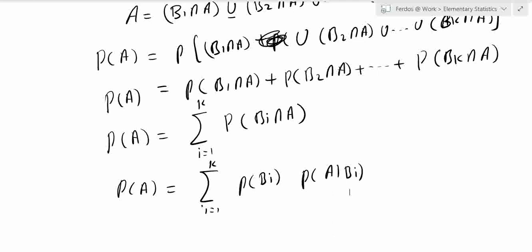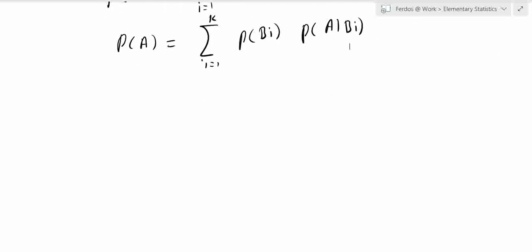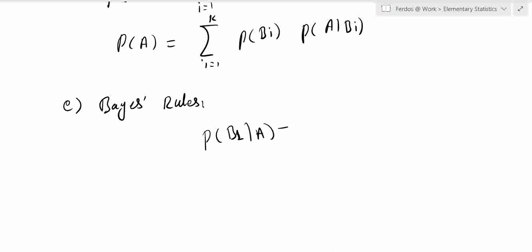Now Bayes rule. This is the last topic in probability. In Bayes rule, you need to calculate the probability of, suppose, B1, or generally B2, B3, whatever, given that A already occurred.